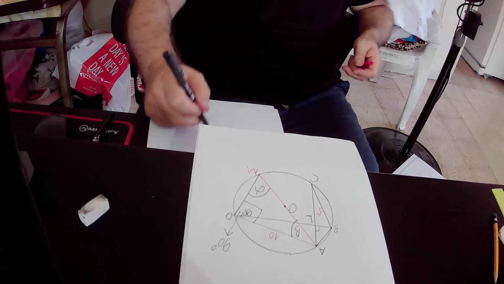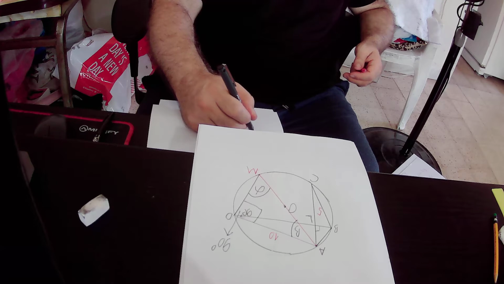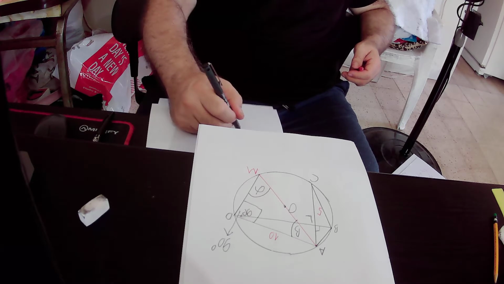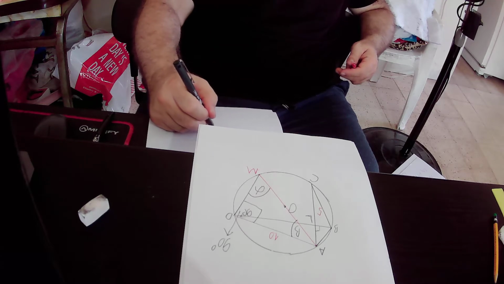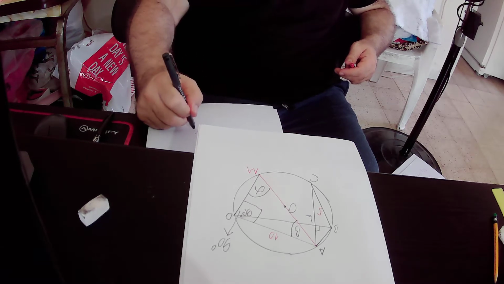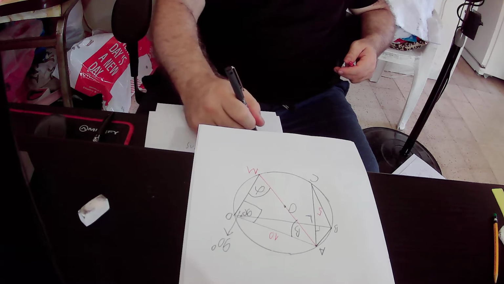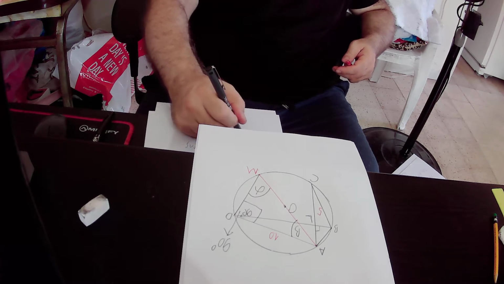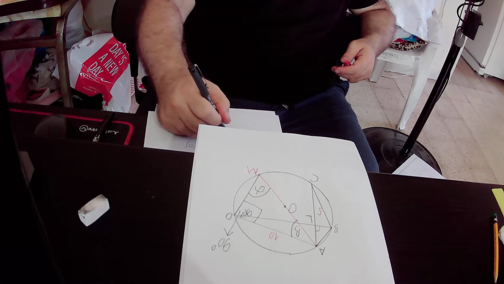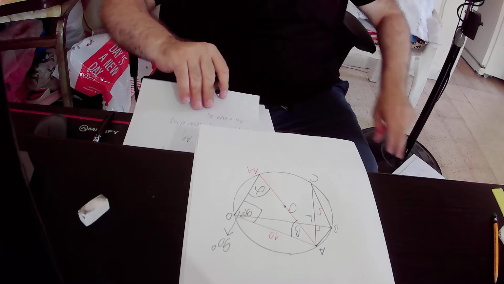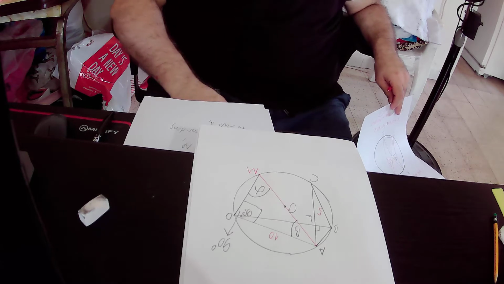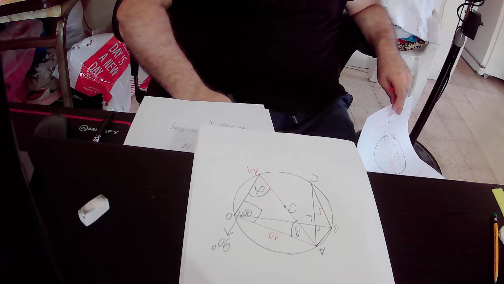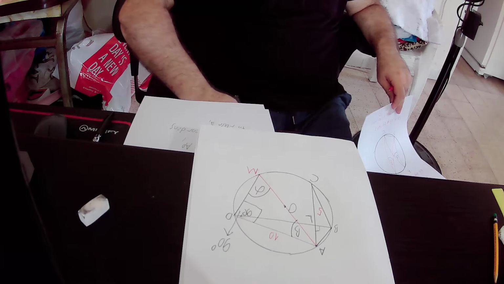Therefore, according to rule number 2, if two peripheral angles rest on the same chord, then they are equal to each other.